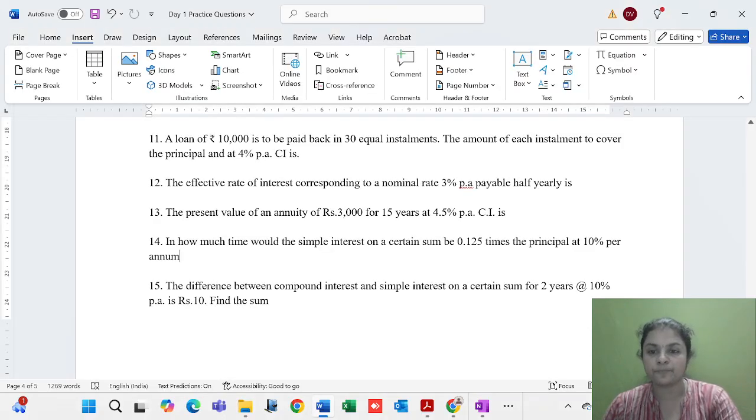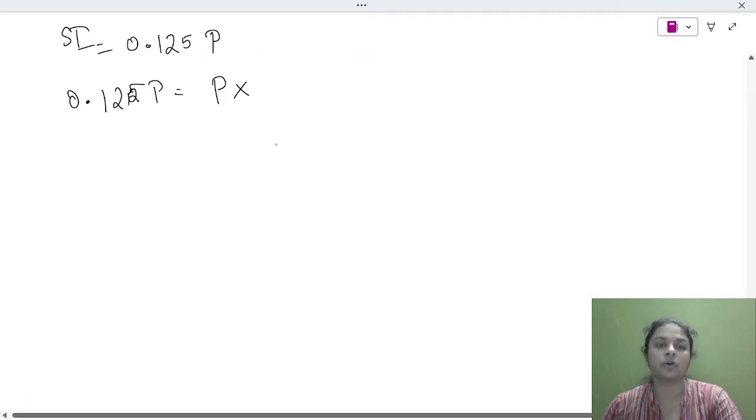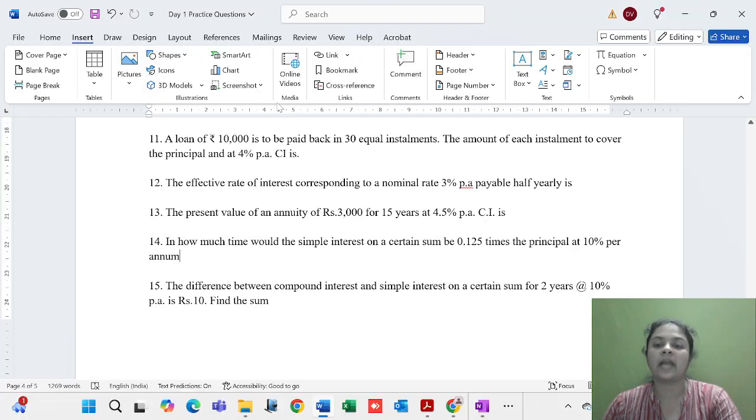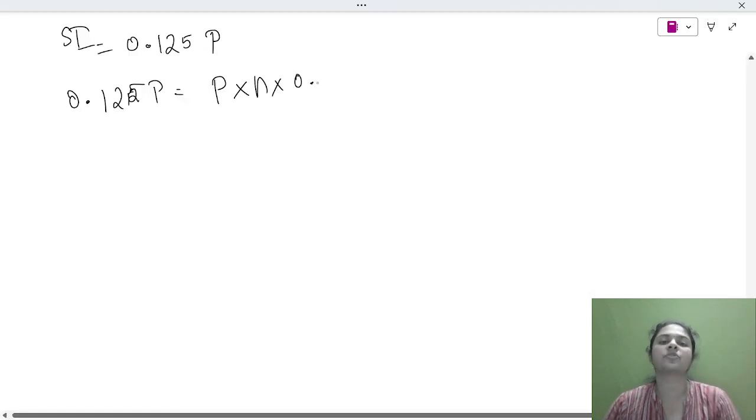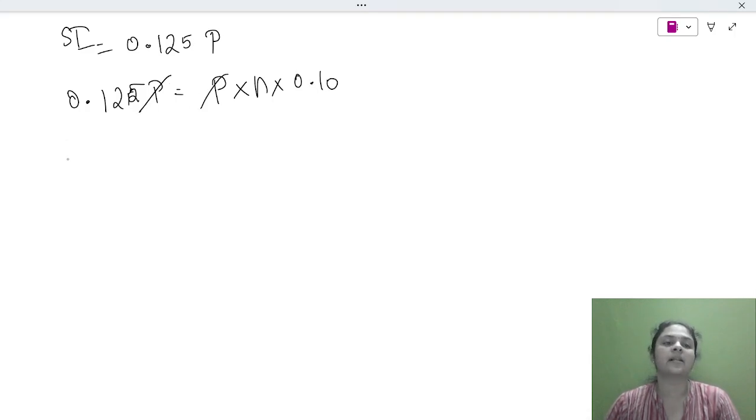What is N? We do not know. Into I. I is 10% per annum, so 0.10. So P and P cancel. So 0.125 is equal to 0.10 into N. So N is equal to 0.125 divided by 0.10.